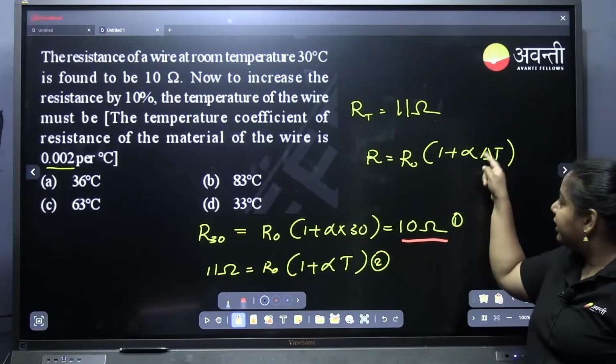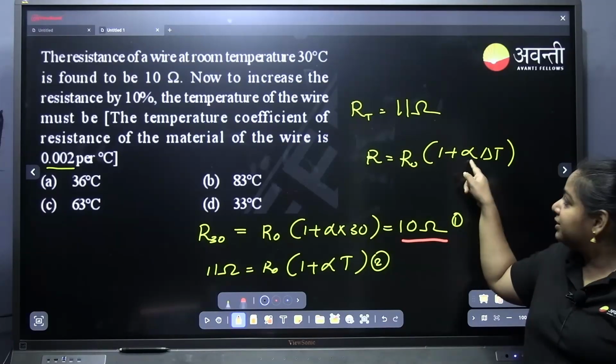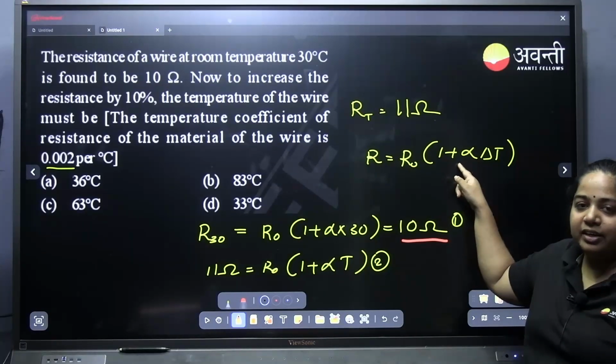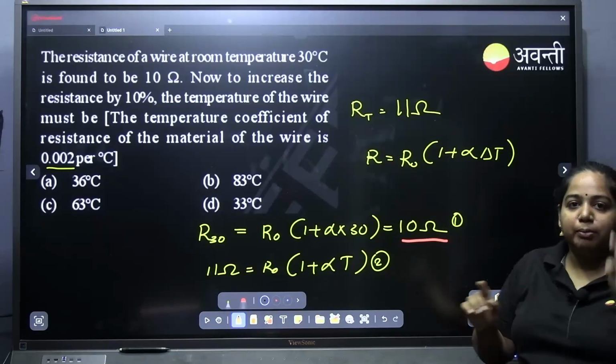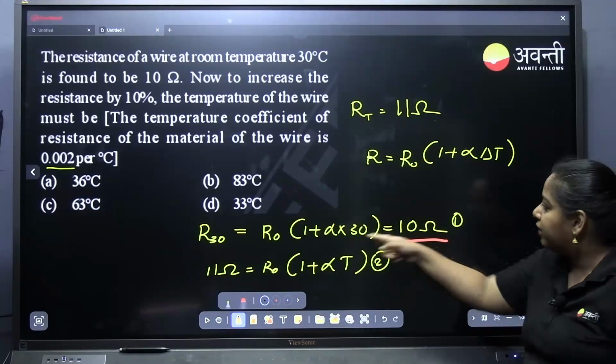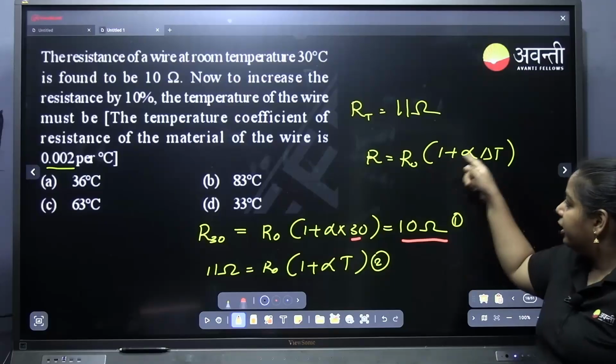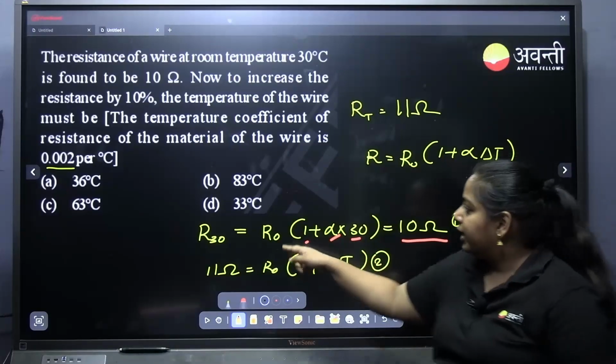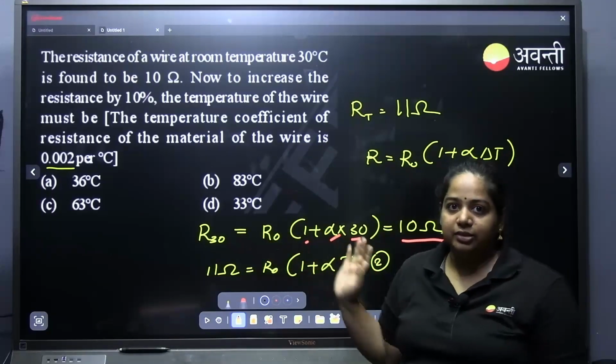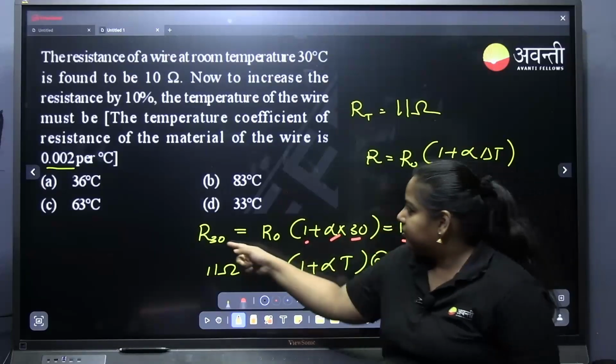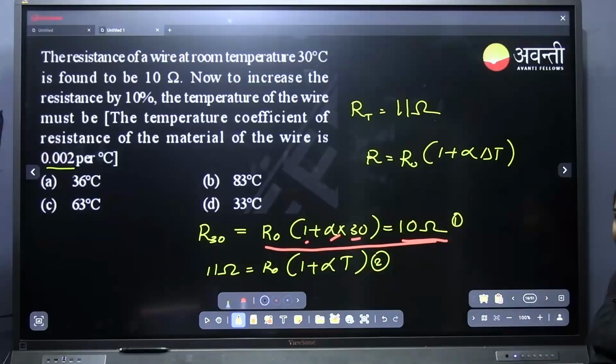Alpha is given at 0 degree Celsius, right? So the temperature difference will be 30 minus 0. That's why it is written 30 here into alpha plus 1, into the resistance at 0 degree Celsius.